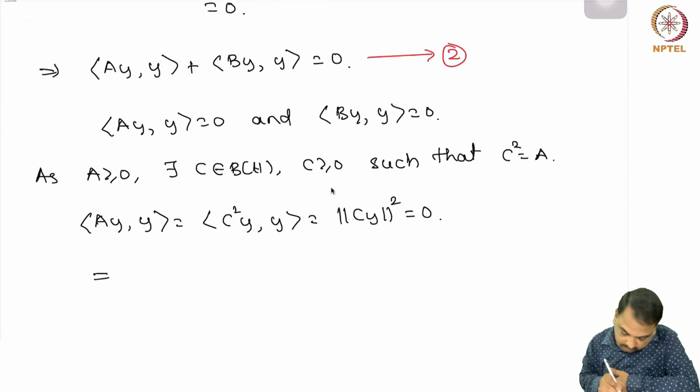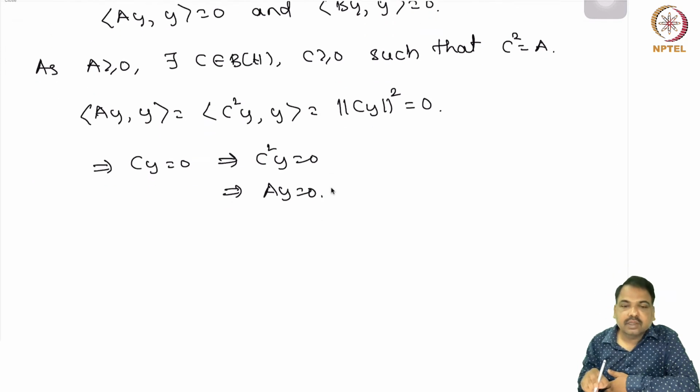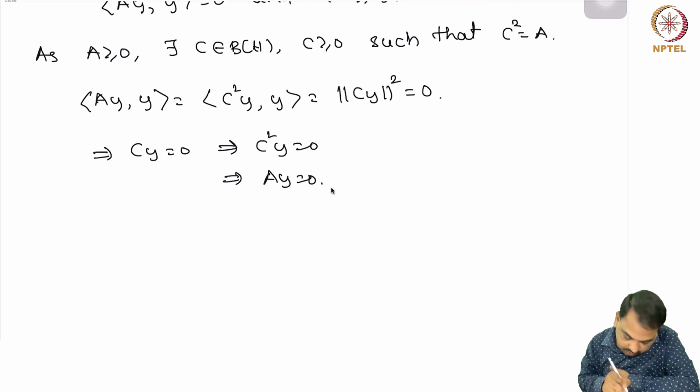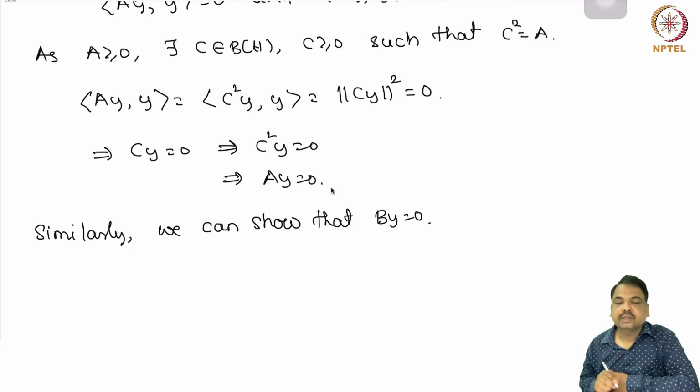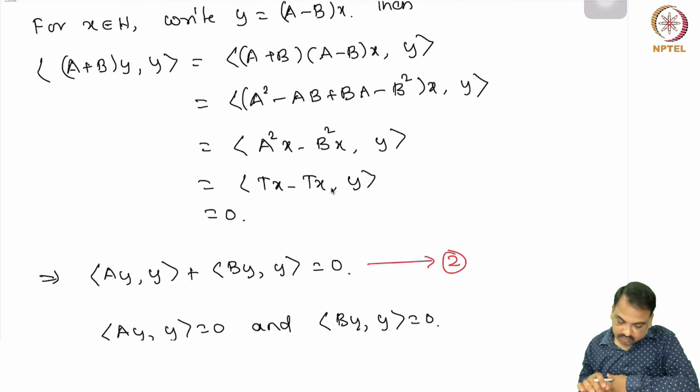So this implies Cy is 0, Cy is 0 implies C square y is 0, so this is Ay is 0. Now similarly we can show that By is also 0. So we have shown that Ay equal to 0 and By equal to 0.